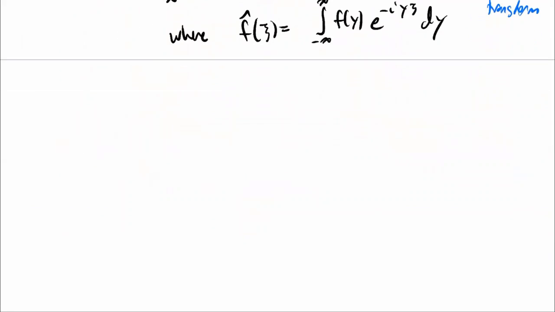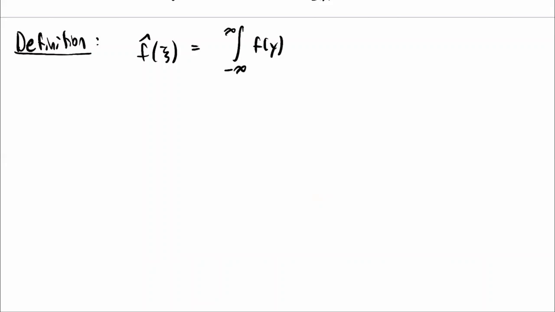Okay, and so let's write down the rigorous definitions. Definition: f hat of c, which is given by the integral formula from above, the integral from minus infinity to infinity of f of y e to the minus i y c dy, is the Fourier transform of f.